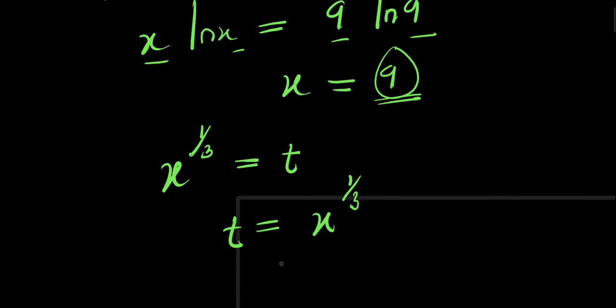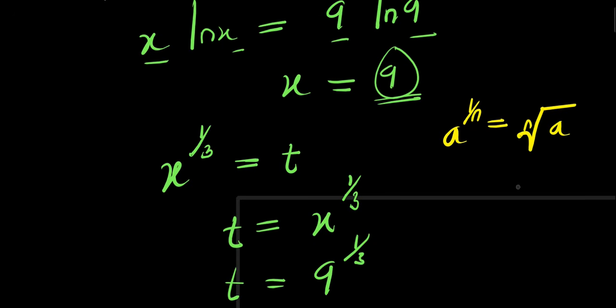And our x is 9, so we have t equals 9 power 1 over 3. And if you have a power 1 over n, this equals the n-th root of a. So this is the cube root of 9. Alright, so that is that.